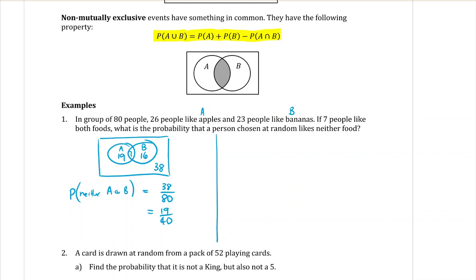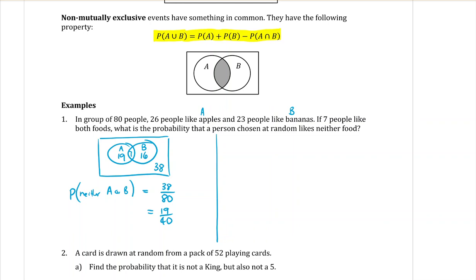If I am trying to find the probability of neither A nor B, pretending that I don't have the Venn diagram, then if A or B is everything that I don't want, I want to do 1 minus that.